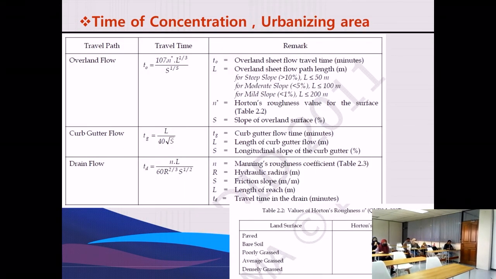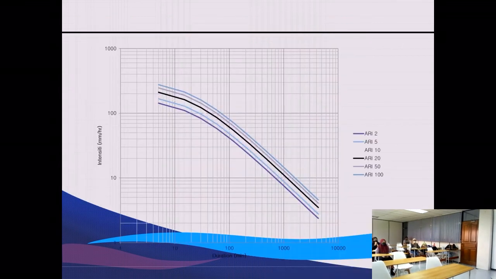There are also other formulas that you can use, something like this, but just now was the most common formula that we use. Of course, sometimes we already have this chart. You just need to find the duration, then you get the intensity.